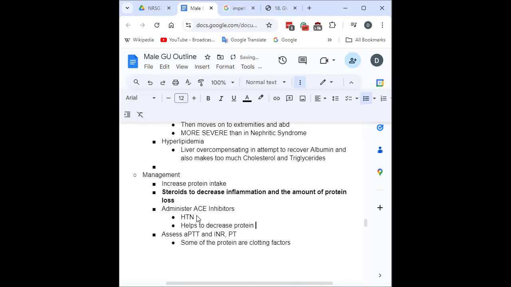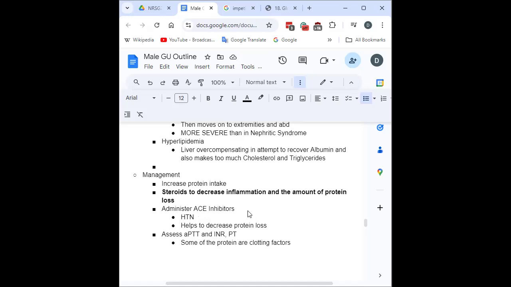Okay, so you do want to be careful with hyperkalemia with that, because the main reason for this in this context is that it helps to decrease protein loss. So even though people with kidney problems have problems with potassium because their bodies aren't getting rid of potassium, ACE inhibitors might still be given for blood pressure as well as for protein loss.